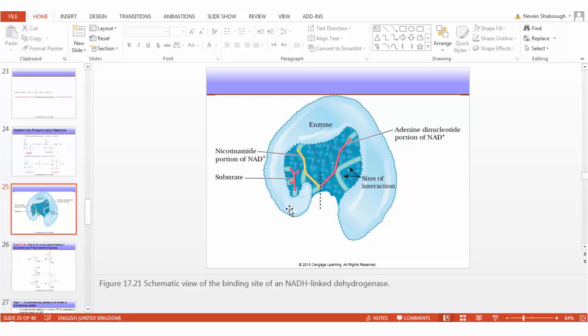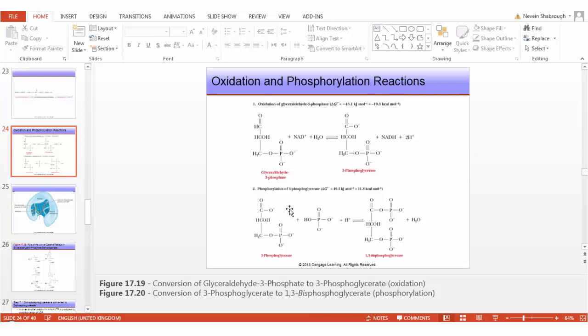Each subunit contains an essential cysteine residue, and this is the only oxidation reaction in glycolysis. Now the product, 1,3-bisphosphoglycerate, fulfills this requirement for production of ATP since it has a high energy phosphate bond.